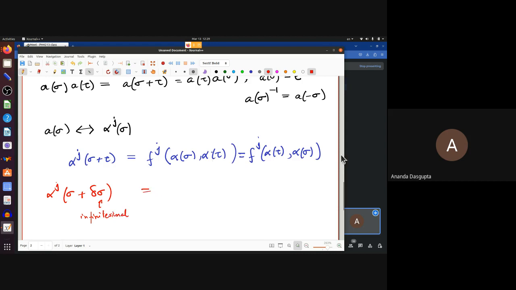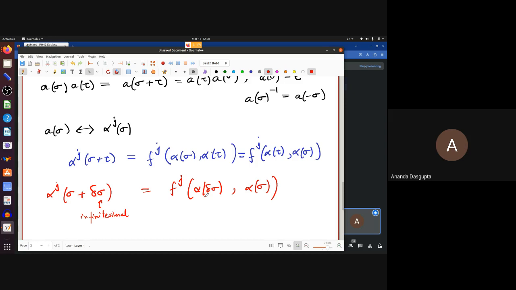So this according to the final equation that I wrote down is fj of alpha delta sigma, alpha sigma. Now remember, these alphas should be smooth functions of sigma because our original a sigmas are smooth and alphas are smoothly related to the group elements.